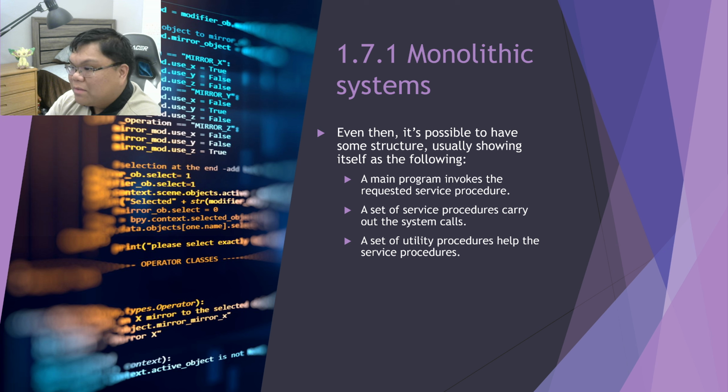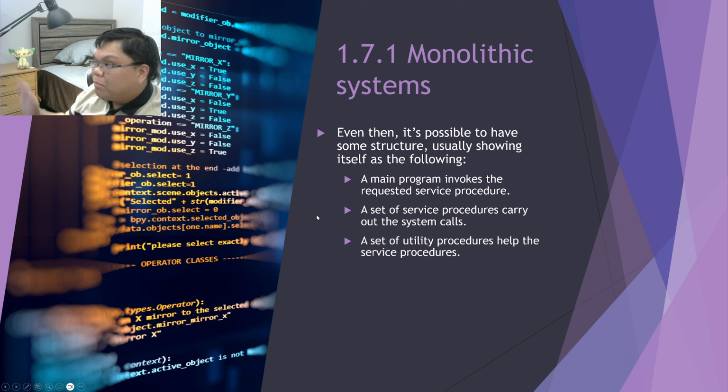We have a set of system procedures that carry out the system calls, and then a set of utility procedures that help the service procedures. So a monolithic system is one big program with all the system calls in it. The problem is if part of it crashes, the whole thing crashes.